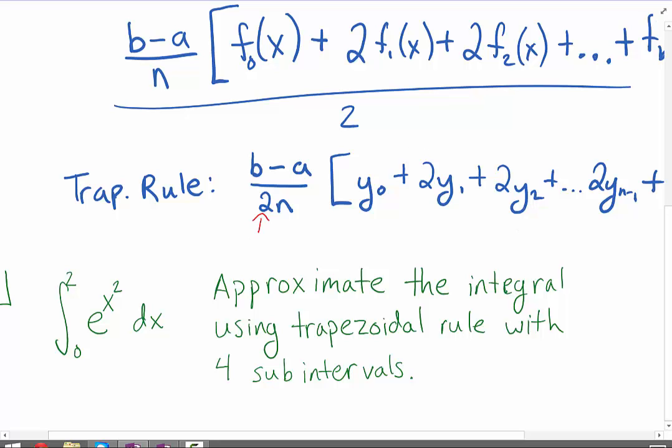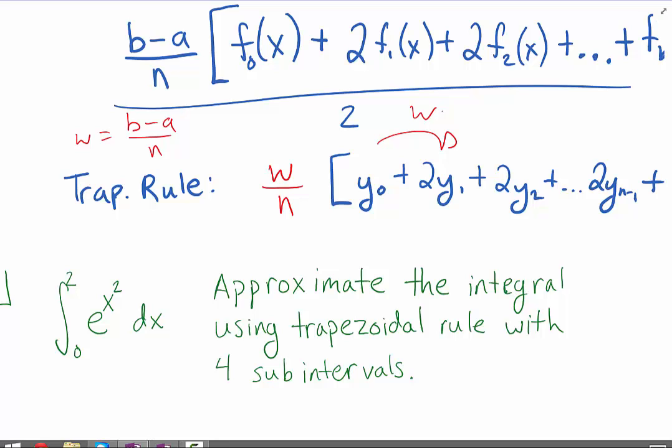Like that width that we're changing by each time is still just (b minus a) over n. So sometimes people like to write this as w over n there, and then you just plug in (b minus a) over n because you know that each point is changing by w. So hopefully this will make a little bit more sense once we do our example.